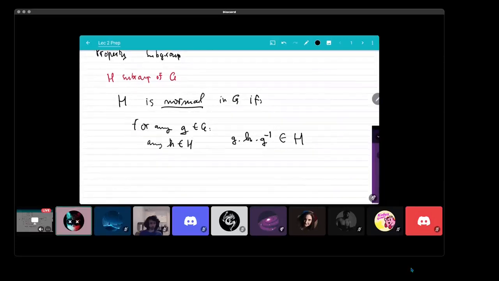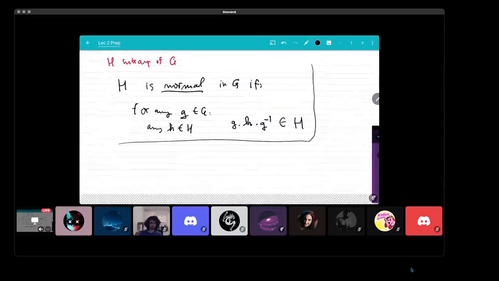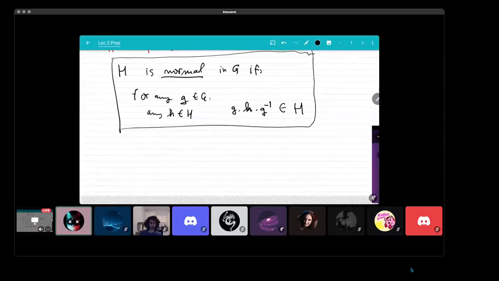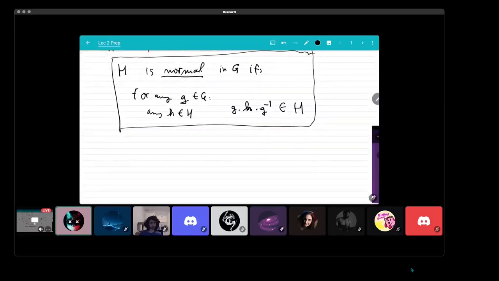So it looks like a very weird, complex, useless operation, but this is called the conjugation by g. And a subgroup being normal is very important to understand the structure of a group.